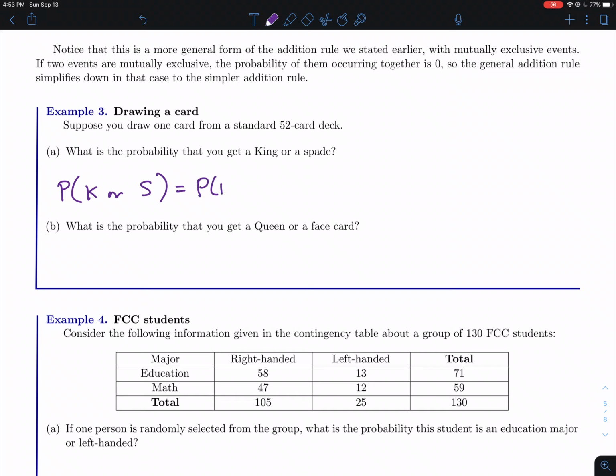So I would still go ahead and do probability of K plus the probability of S minus the probability of the overlap, just to see if there is any, so I'm ready to go if there is some.